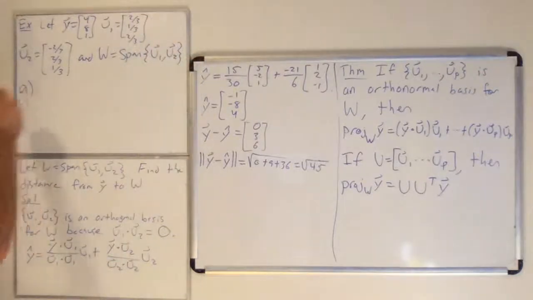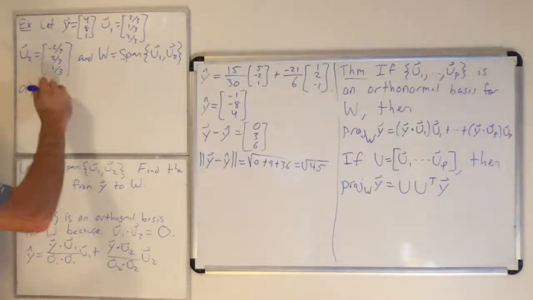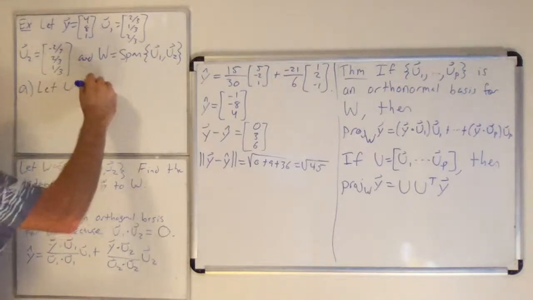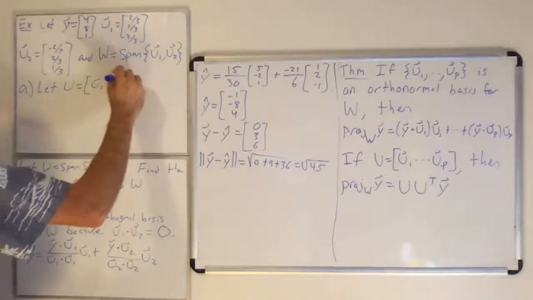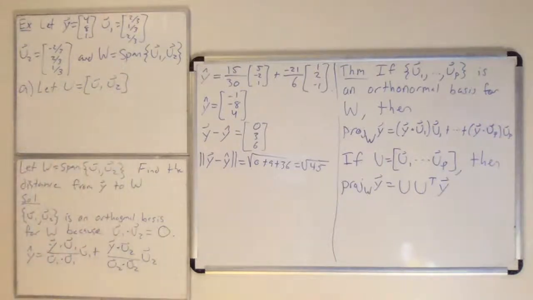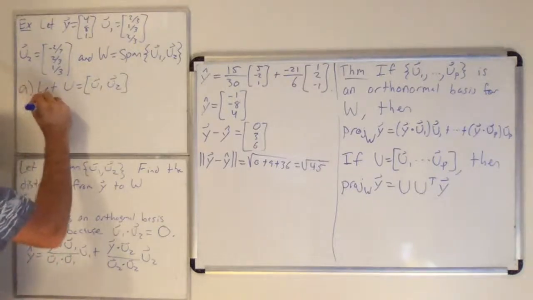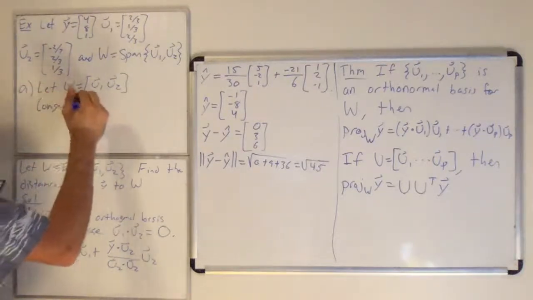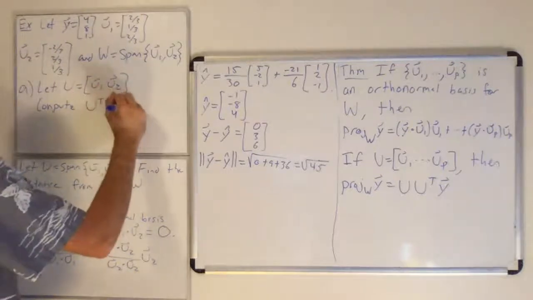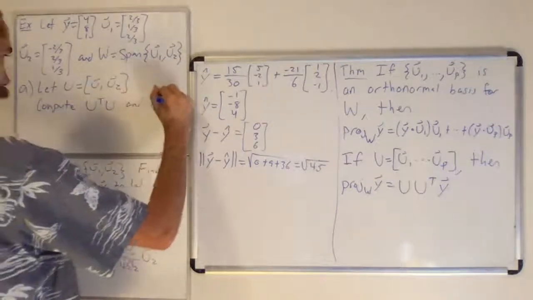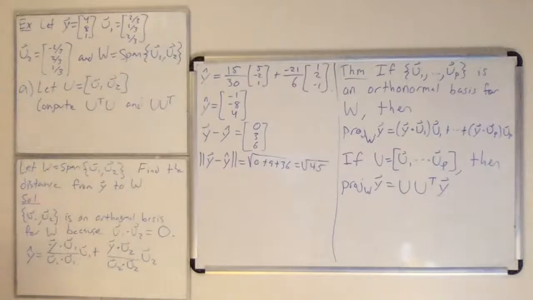Okay, so there's two parts. We'll let U be the matrix u1, u2. Compute U transpose U and U transpose.